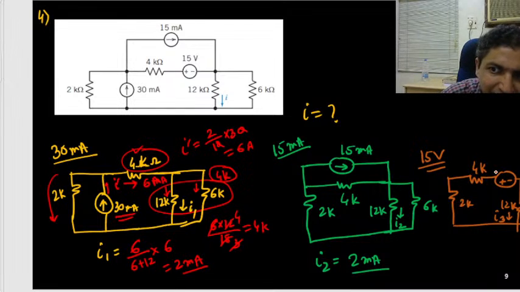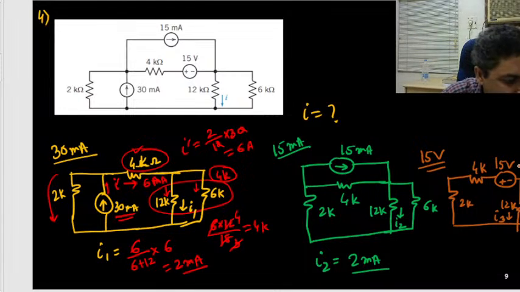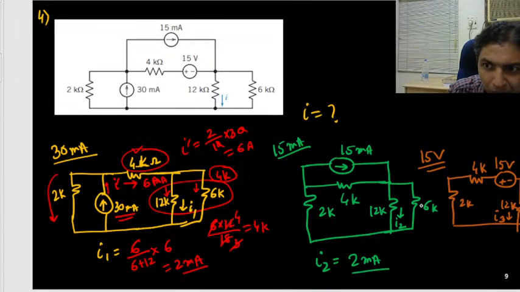Can you find I3? Remember, this is your 15 volt source. Who can find? Be careful about the sign.